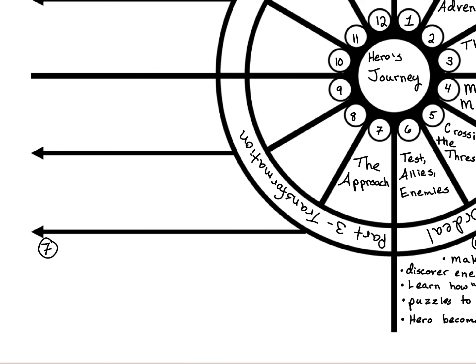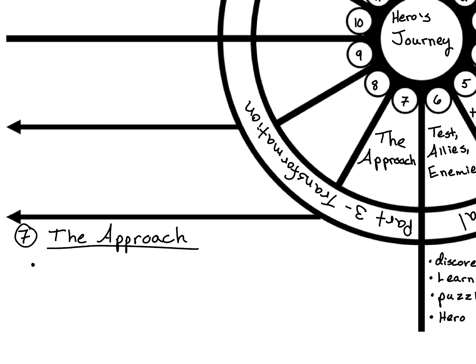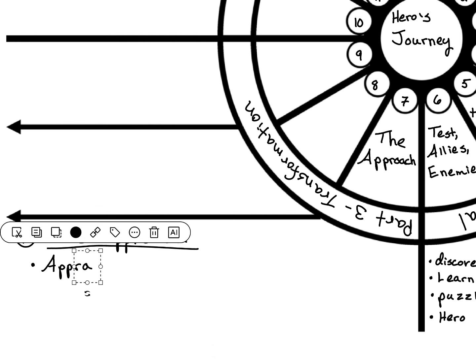And so this is the section where, let me get my title on here. This is the section where the hero approaches the final battle. I mean, as it kind of says in the title.